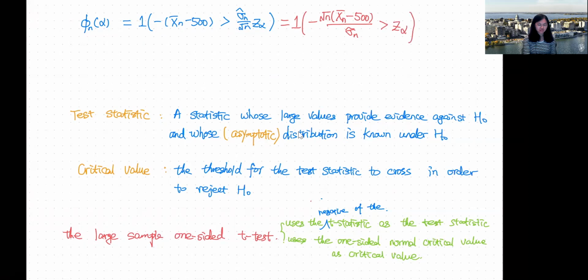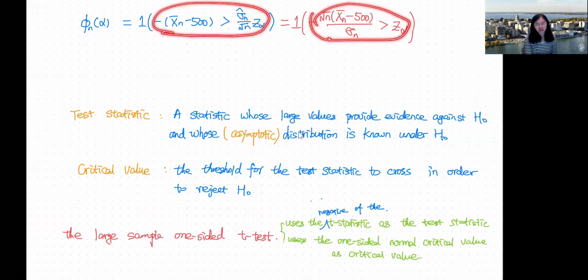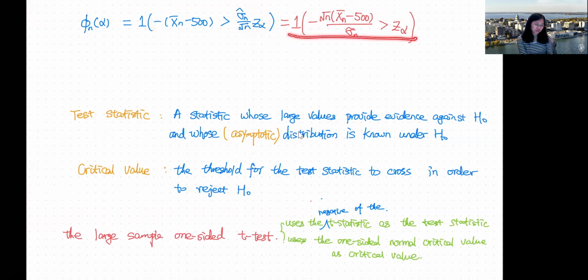Right, so from the derivation for the threshold, you already know that these two inequalities are equivalent. So these are two equivalent ways to write the same rejection rule.